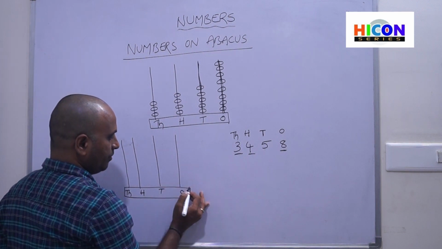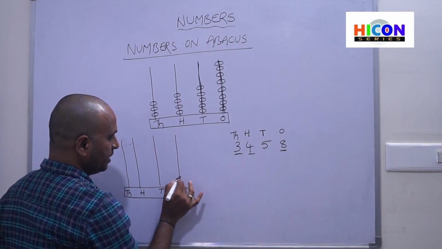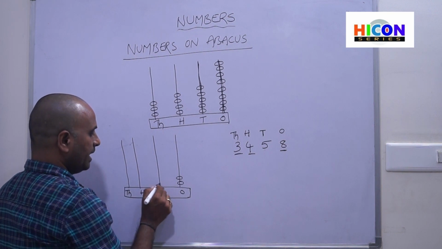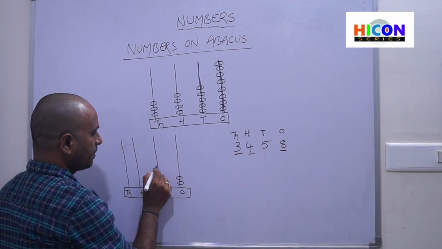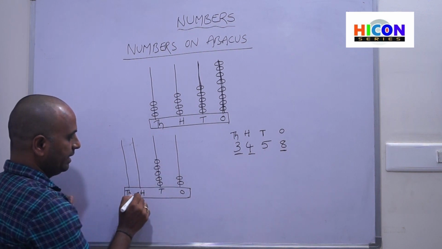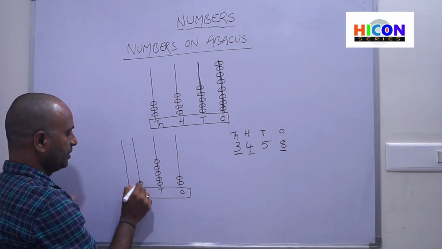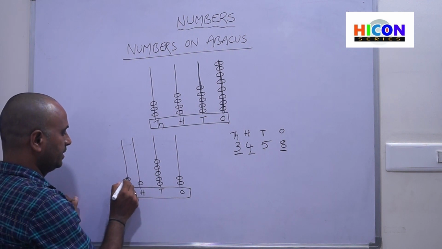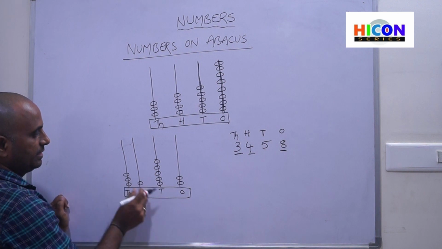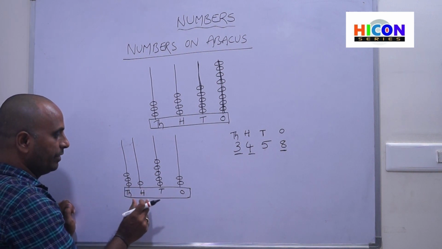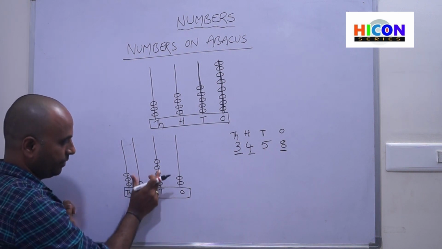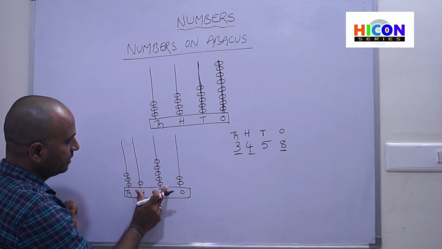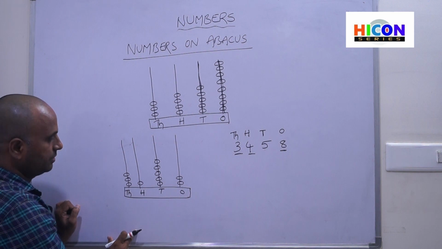On the ones place stick there are 2 beads, the tens place stick has 5 beads, the hundreds place stick contains 1 bead, and the thousands place stick contains 3 beads. This is the abacus given. Now we have to write the number from this abacus. Look at the board.